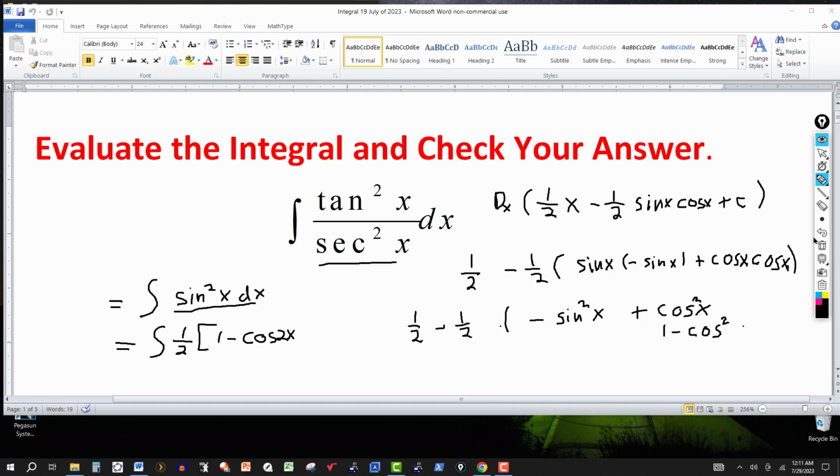I'm sorry, replace it by 1 minus sine squared of x. That, of course, comes from the fundamental identity cosine squared plus sine squared is equal to 1. So solving for cosine squared, we can get this in terms of sine squared. So then we have minus sine squared, and minus sine squared is minus 2 sine squared. Of course, I still got the plus 1 there.